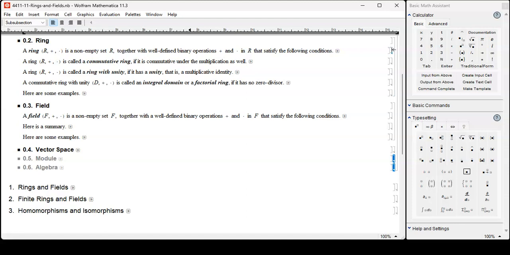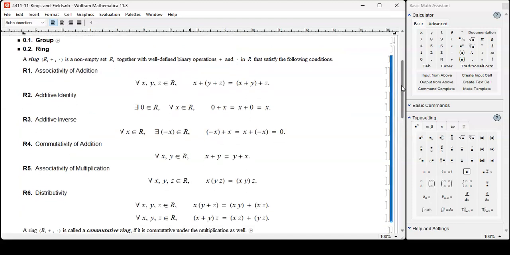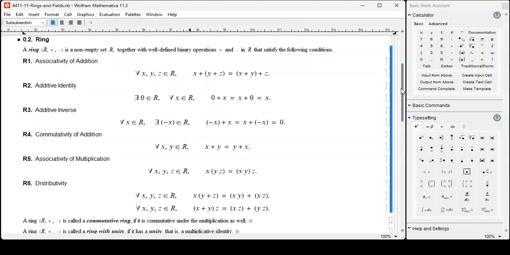Okay, let's come back. Here's the definition of a ring. A ring is a non-empty set with two binary operations. Not just one, but two. And with respect to the first operation, we have the abelian group structure. So we typically use the addition notation, and we're going to call it the addition.